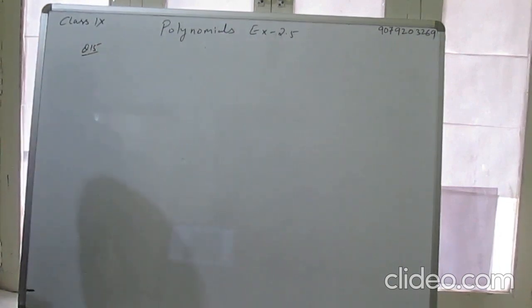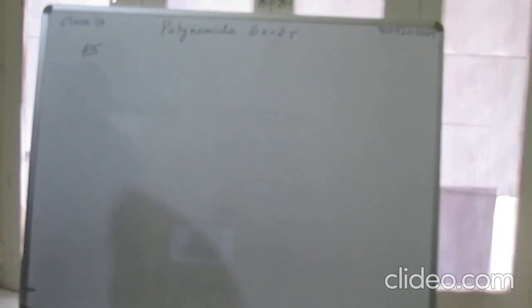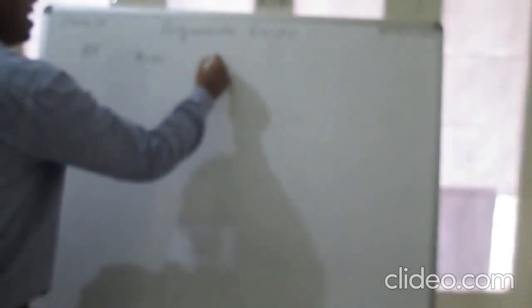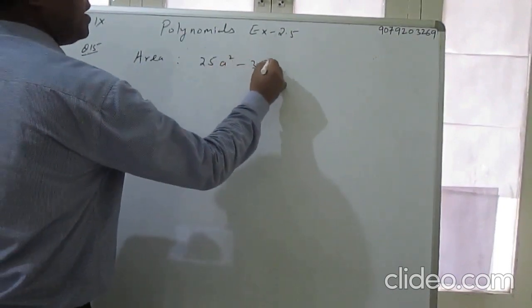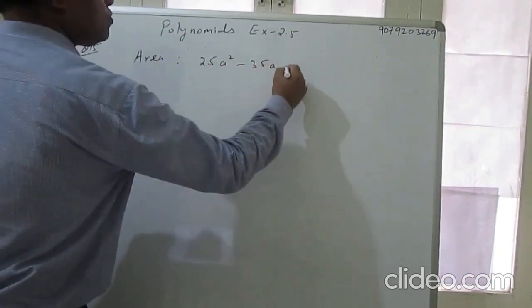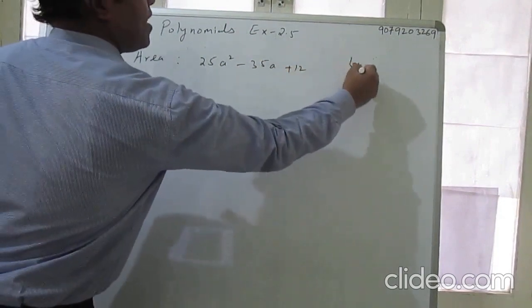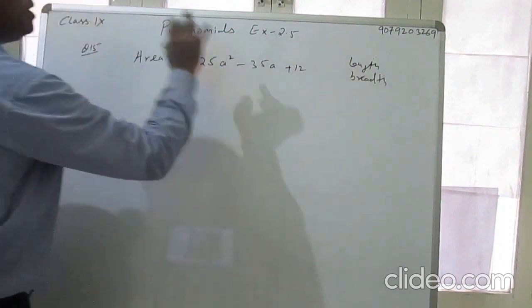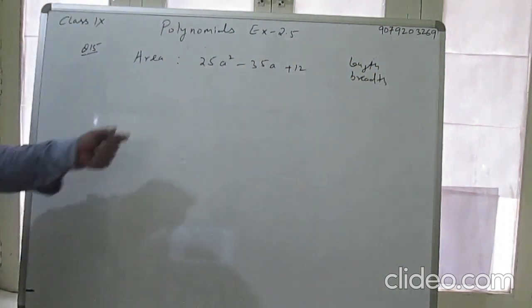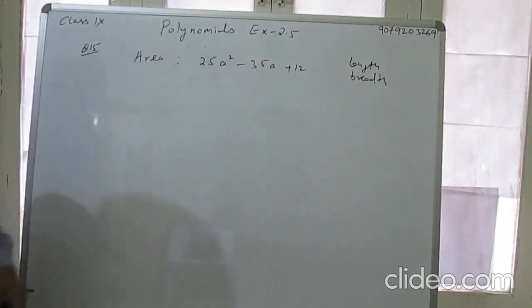See here, give the possible expression for length and breadth for each of the rectangles in which the area is given to you. Area is given to you. 25a square minus 35a plus 12. You have to find length and breadth. It is a quadratic expression, so we have to split it.